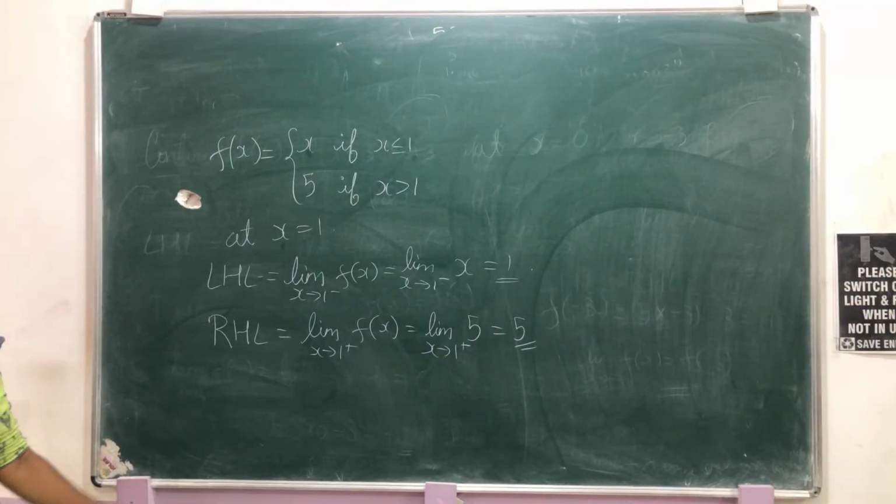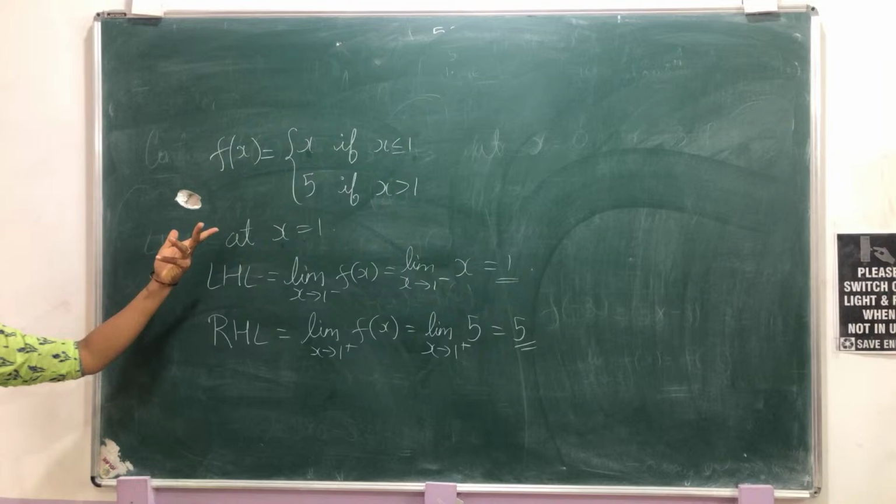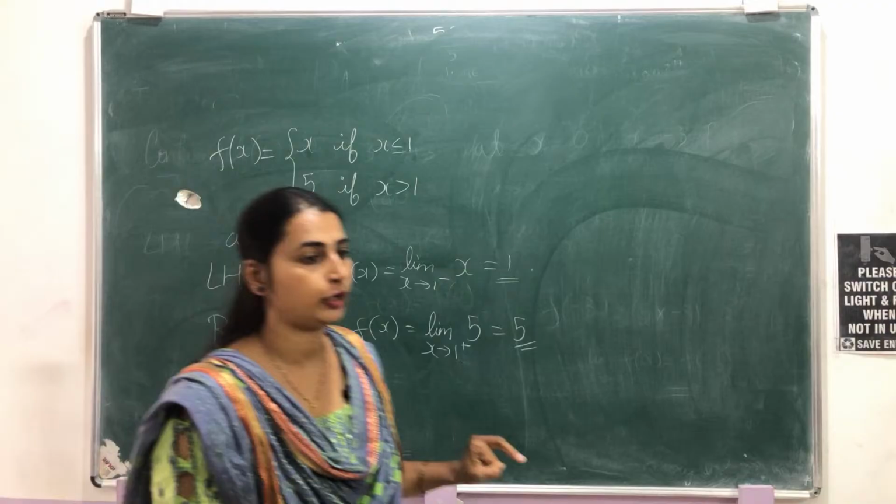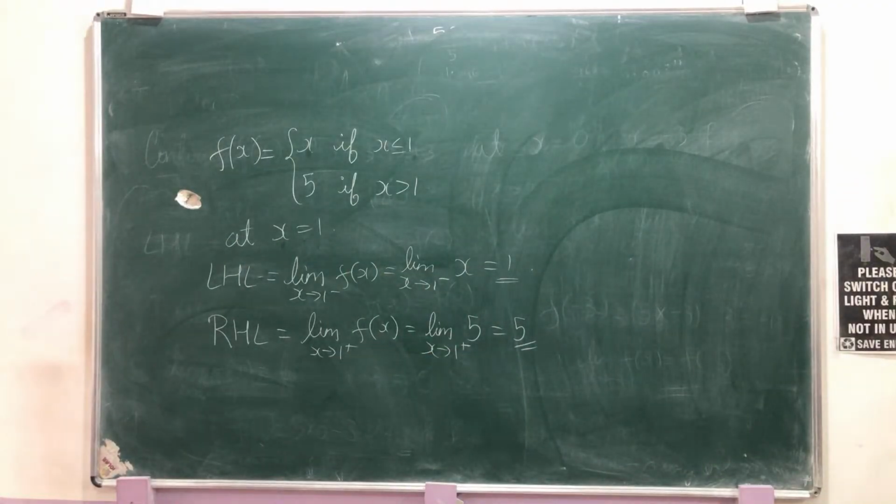No. Since left hand limit is not equal to right hand limit, the given function is not continuous at x equal to 1. Therefore, the point of discontinuity is x equal to 1. Next question.